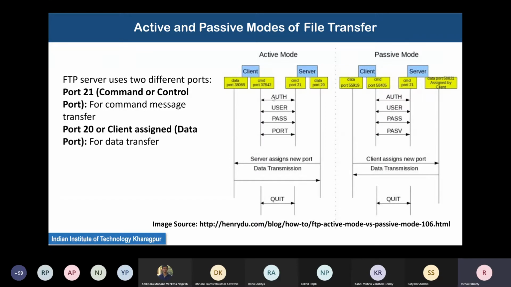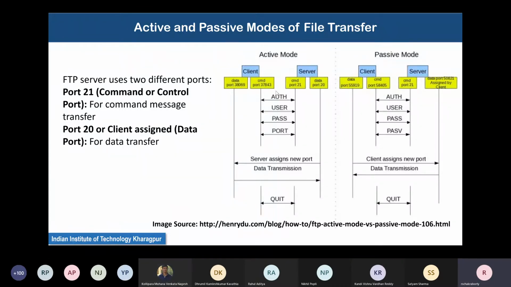How was 37843 chosen by the client? Well, it was randomly chosen. It has to be less than 65,000 something, and it has to be more than 1024. By this rule, 37843 was randomly chosen, and it connects to the server at port 21.